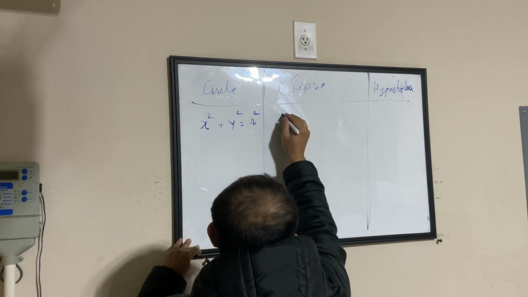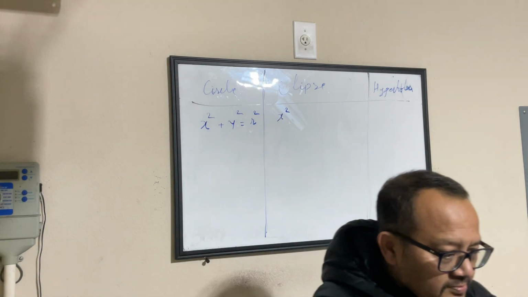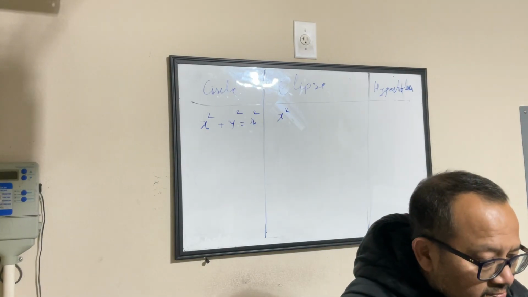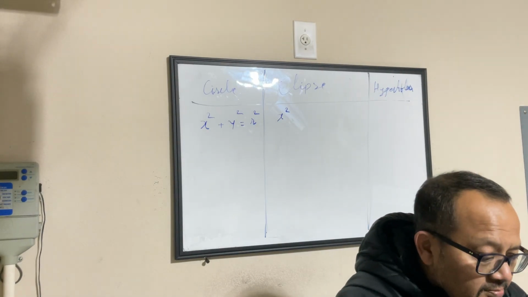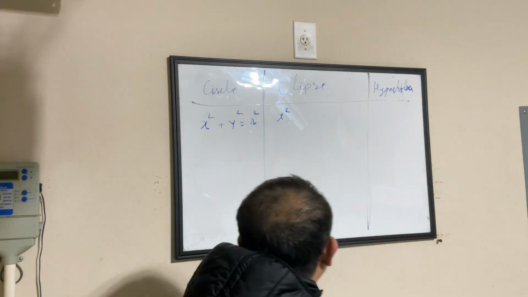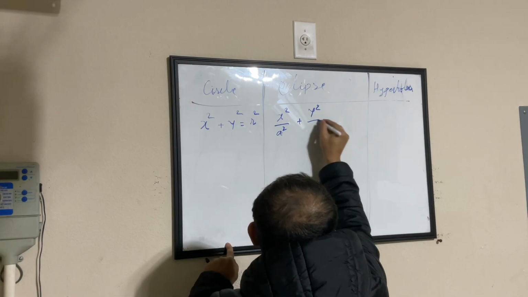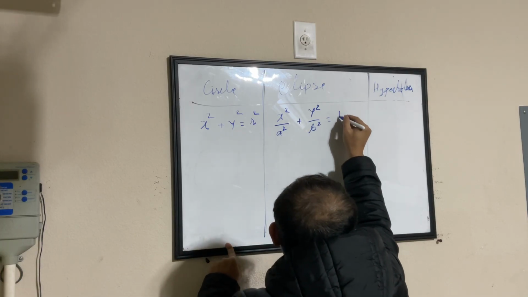Here that changed to x squared by a squared plus y squared by b squared equal to 1.